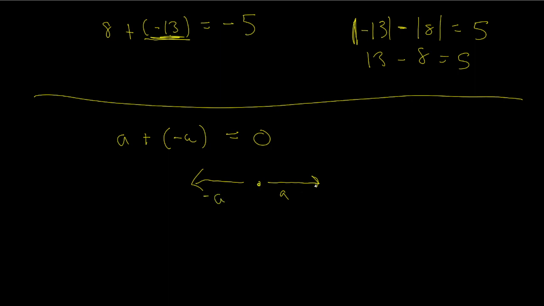If I start at this number and move in the direction, well, the distance from the 0 is the same for both of these. So by going the opposite, it pulls me back to 0. And so if you ever see two opposites together, they bring you back to 0.